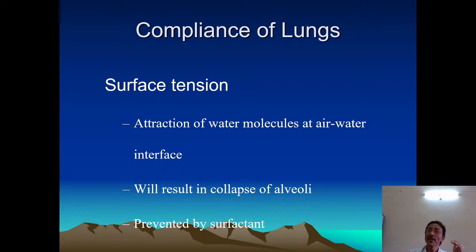So what do we mean by normal compliance? Normal compliance is, for 1 centimeter water change in pressure, the lungs should expand by 200 ml. That means 200 ml of air should be accommodated. If there is a change of 2 centimeters of pressure, 400 ml.